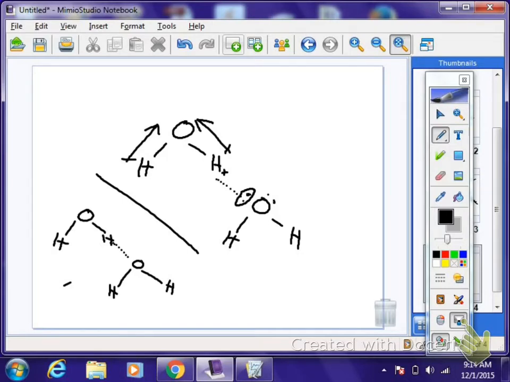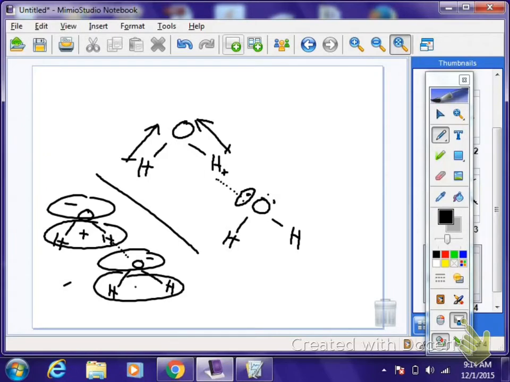This region here is positive. This region is negative. So it's the region that's attracting it, not just one particular hydrogen. So showing that the hydrogen is probably not right. Showing attraction between the region to that region is probably a better way to show it.